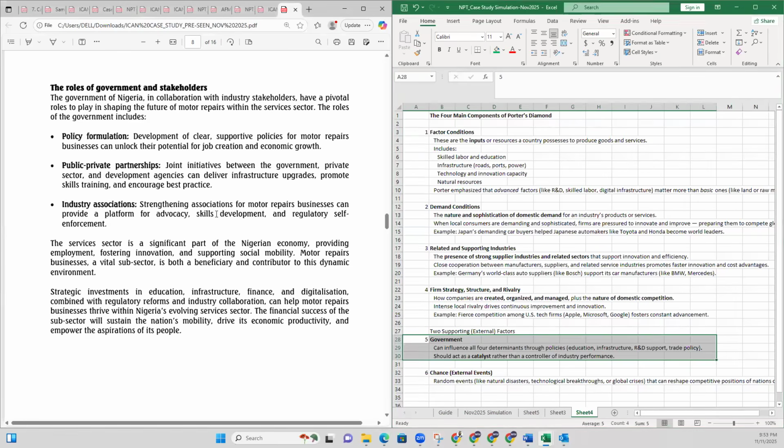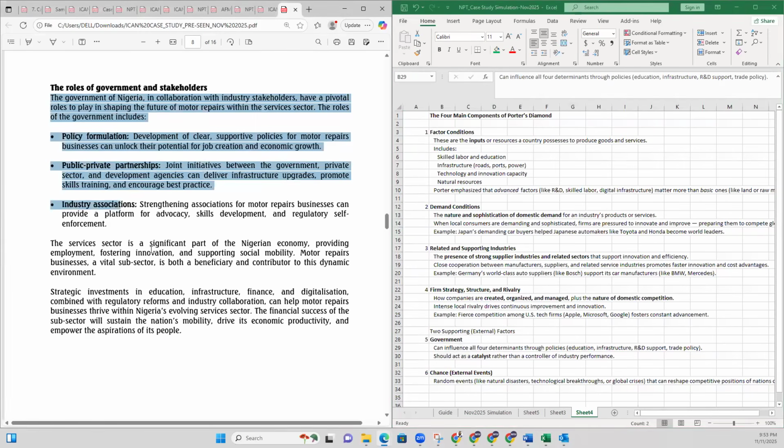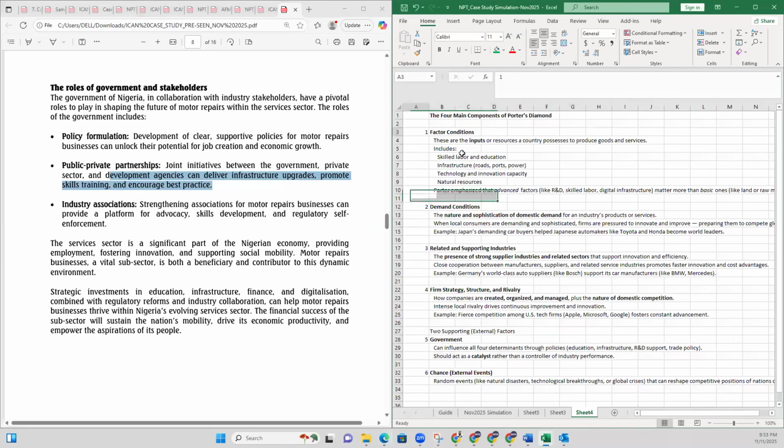When you are talking under government, you'll be leveraging this information, for example, to talk about policy formulation in the association of automobile repairers. Speak reality. That's the same thing you are going to do across those models if you are speaking on Porter's Diamond.